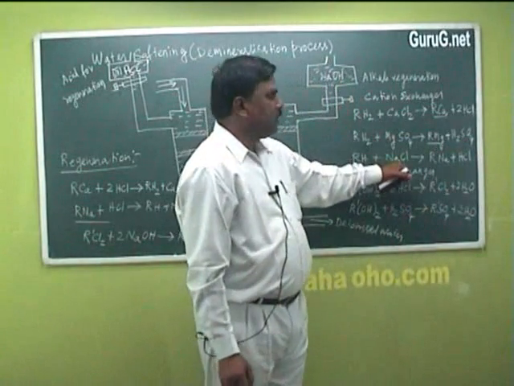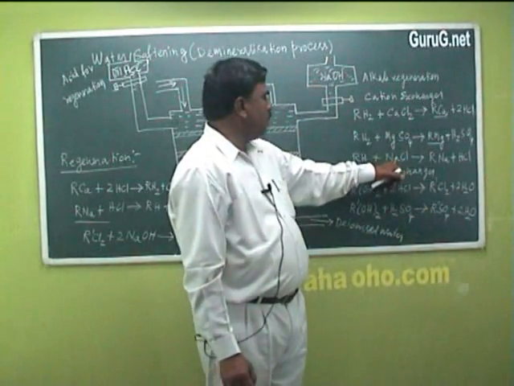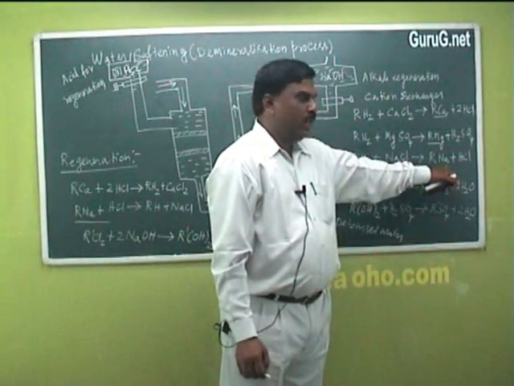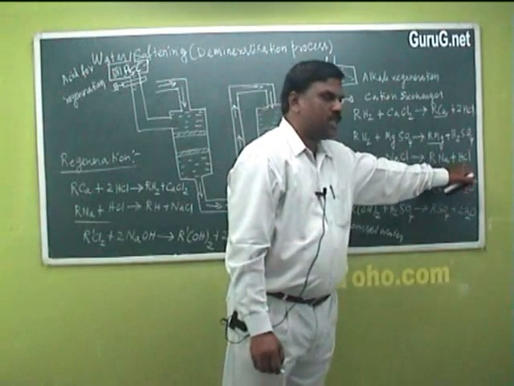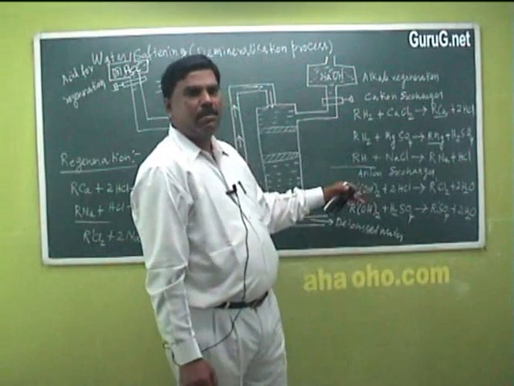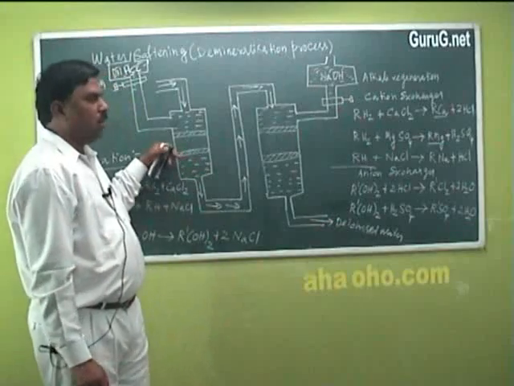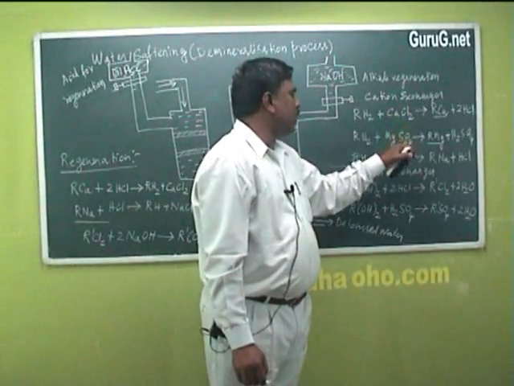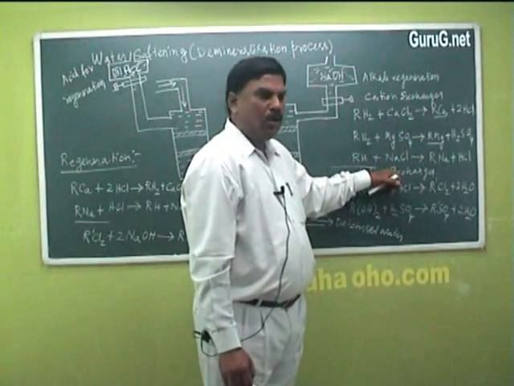Like that, sodium chloride is present in the water. The sodium is replaced with hydrogen to give RNa, and then H and Cl are eliminated as HCl. So these are the three reactions that take place in the cation exchanger column with respect to the ions present in the water: calcium chloride, magnesium sulfate, and sodium chloride.